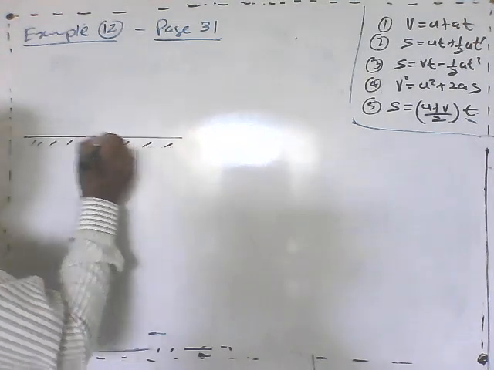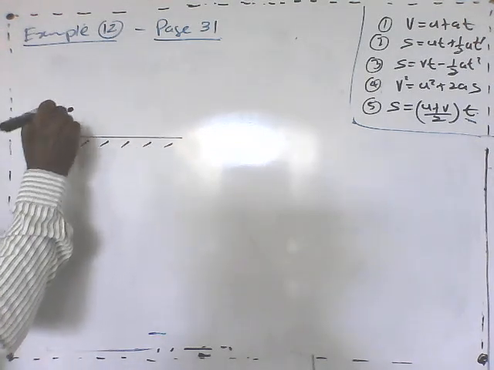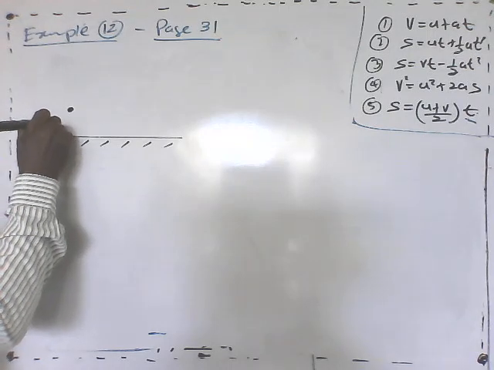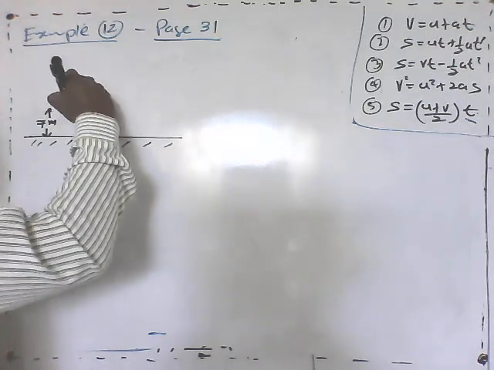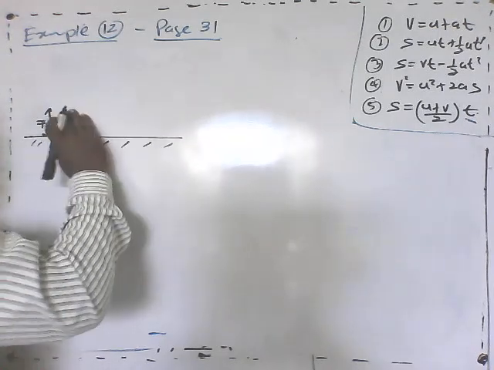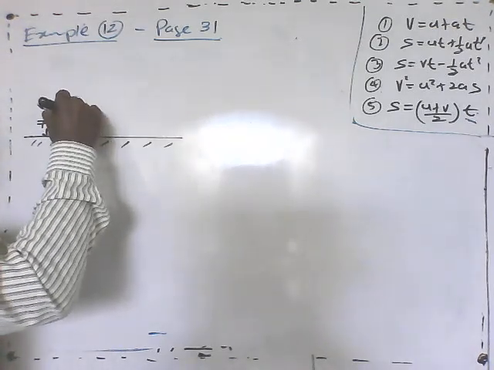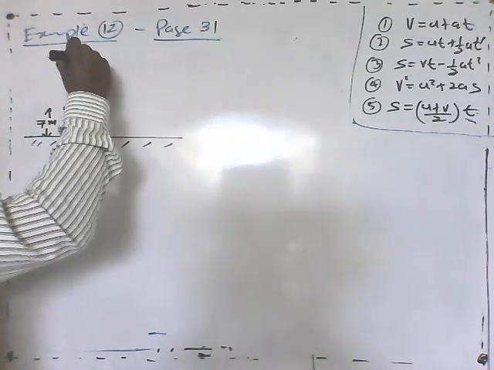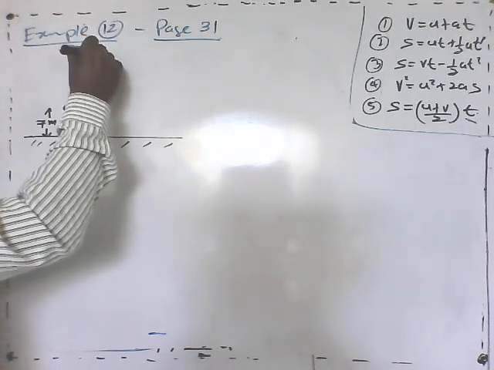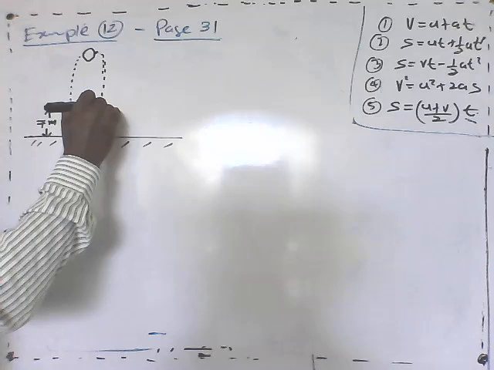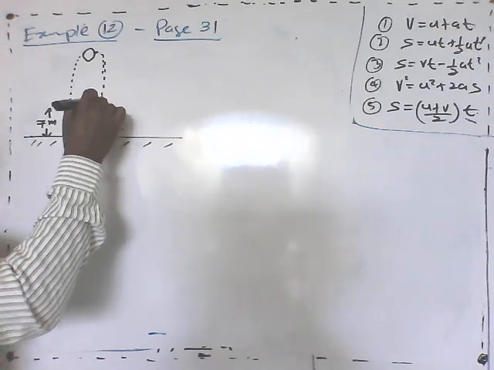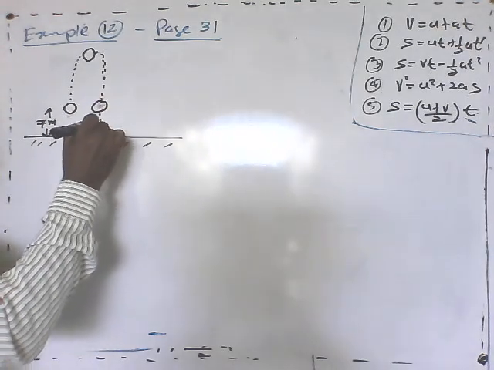There is a point 7 meters up, and from that place it is projected up. So we mark a particle like this, and it goes up, comes back to the same level, and finally hits the ground.